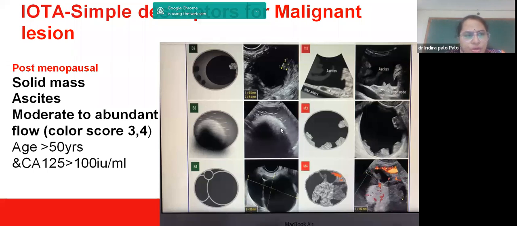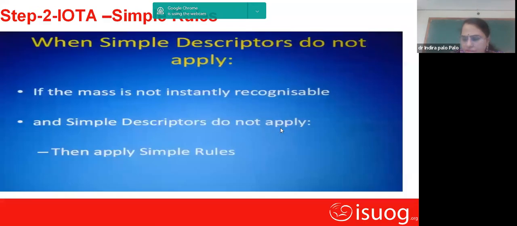So if you have a postmenopausal woman with a solid mass and ascites, you easily diagnose this as a malignant tumor. So these are the four simple descriptor benign markers and two simple descriptor malignant markers.